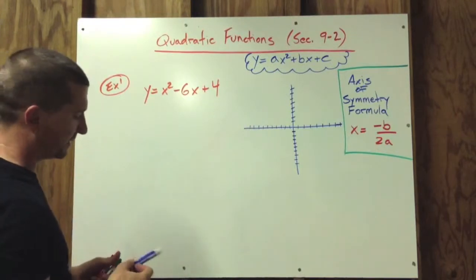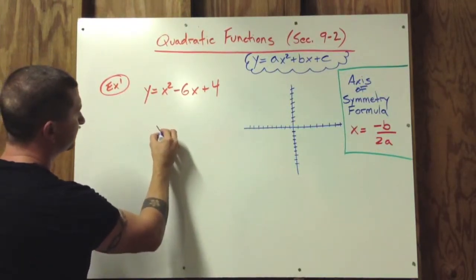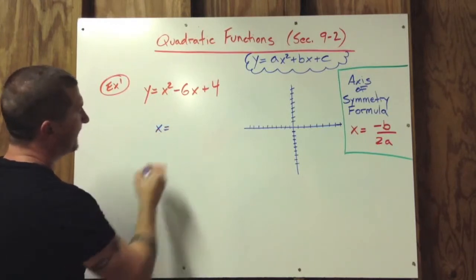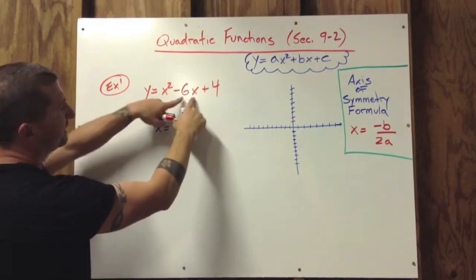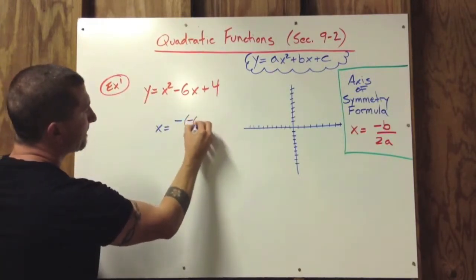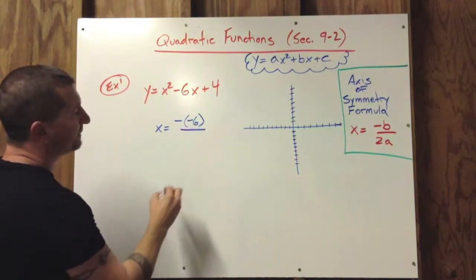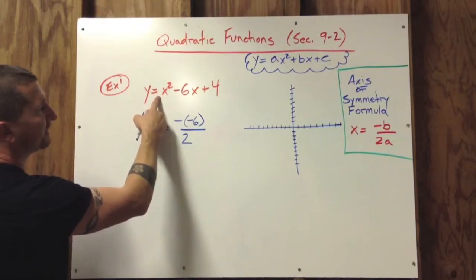Let's use our formula first. We have x equals negative b. Well, in this case, b is our coefficient of x. Our b is negative 6. We divide that by 2 times a. Our coefficient of x squared is 1.